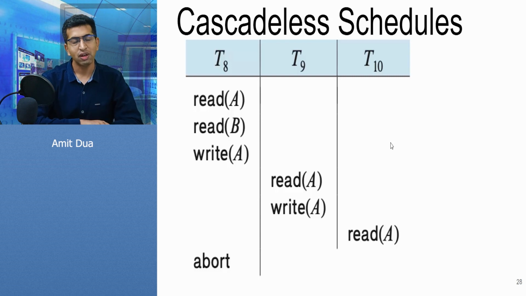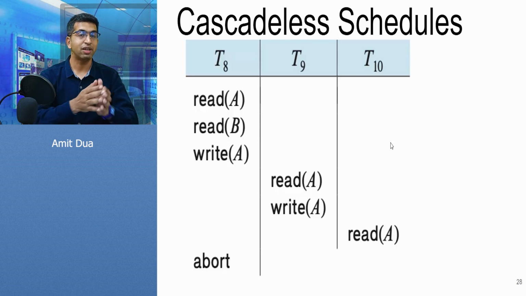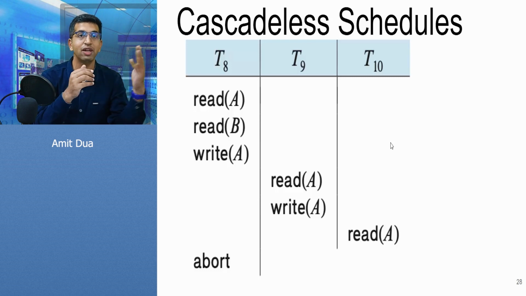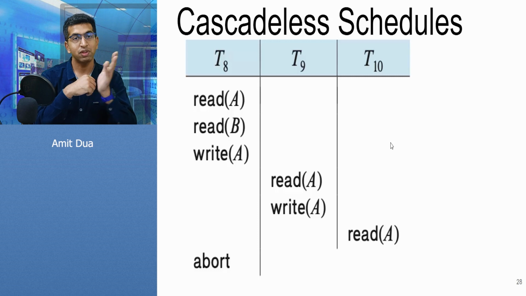Here, transaction 9 has a dirty read from transaction 8, and transaction 10 has a dirty read from transaction 9. Because transaction 8 aborts because of some failure, transaction 9 rolls back and aborts, even though there was no failure in it, and because transaction 10 has read something from transaction 9, transaction 10 also rolls back.